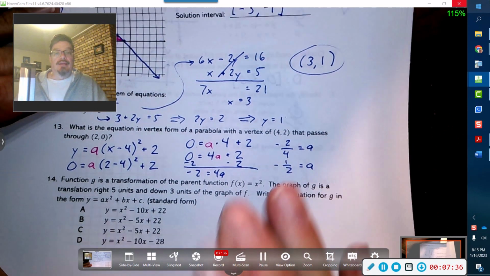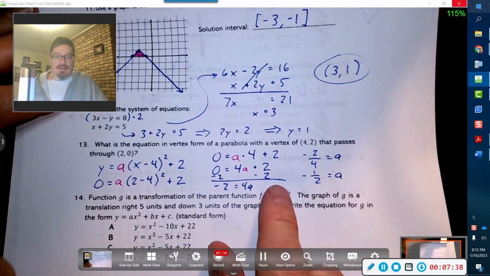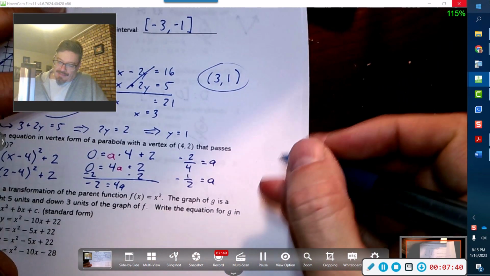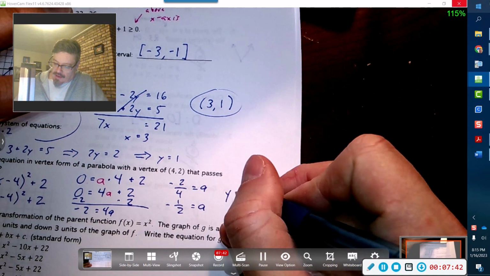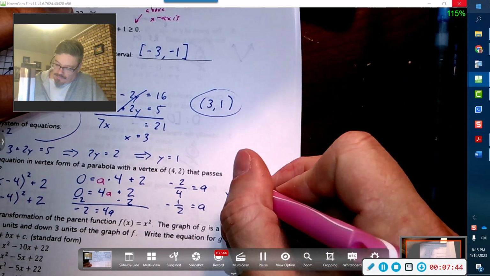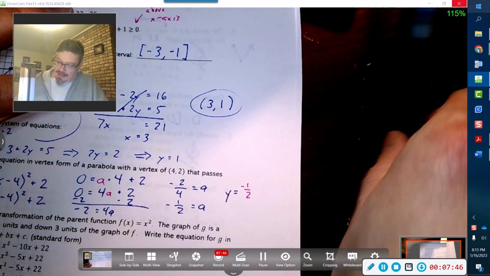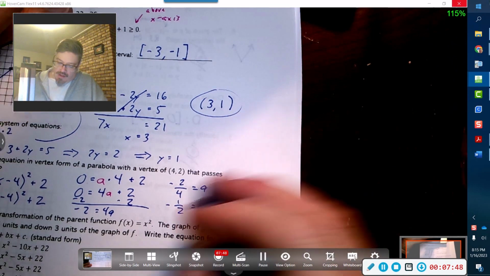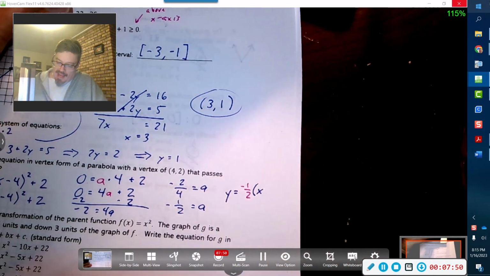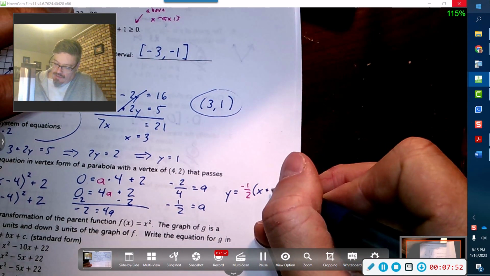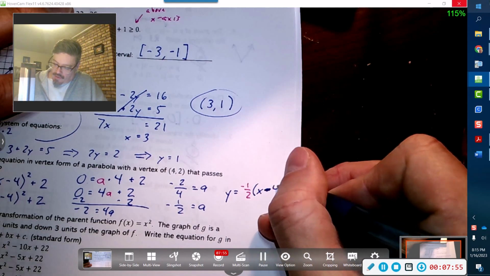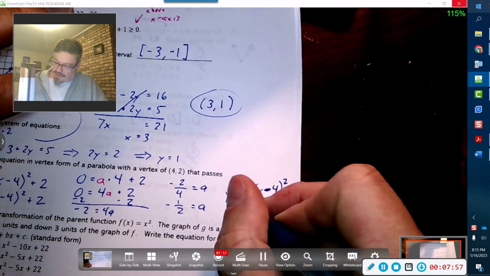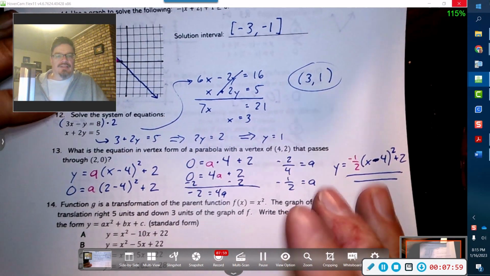So when I graph this, I need to modify my equation so that the A is negative 1/2, so it should be negative 1/2 times (x minus 4) squared plus 2. That's my answer. Now let's think about this for a second.